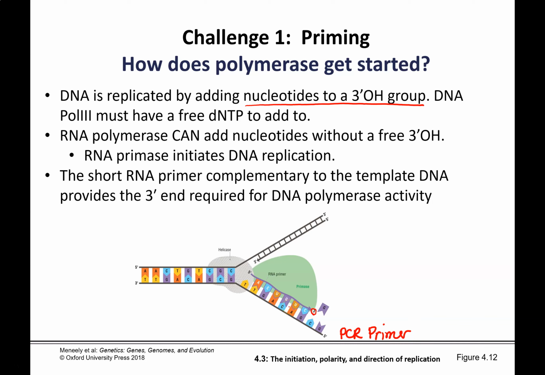The reason for this is that it produces that free 3' end to which we can attach the incoming nucleotide. Now, keep in mind that we're going to have this RNA mixed in with our DNA, so we're going to have to deal with that later. But to get us started, the RNA primase is going to come in and start adding those nucleotides so we can get our DNA replication started.